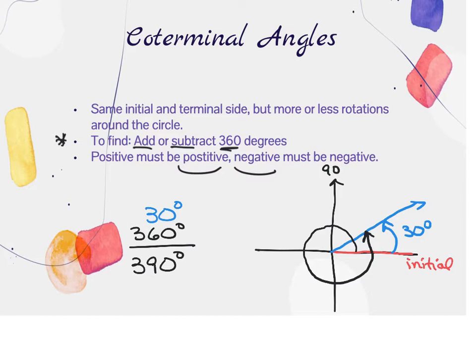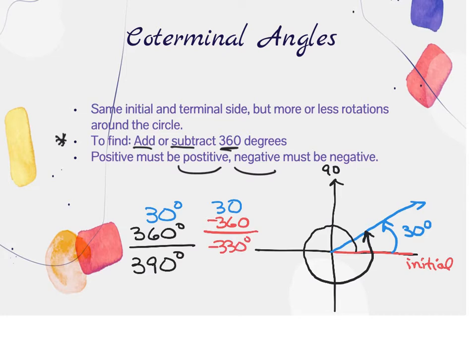To find the negative coterminal angle, I take the 30 degrees and I'm going to subtract 360. And the negative coterminal angle will be negative 330.